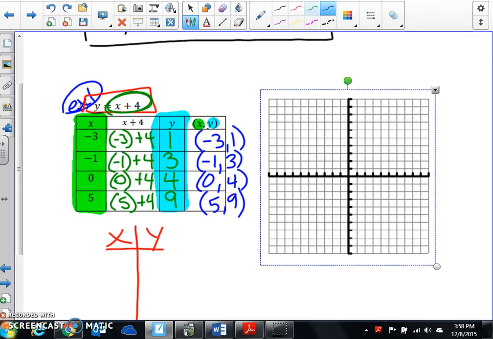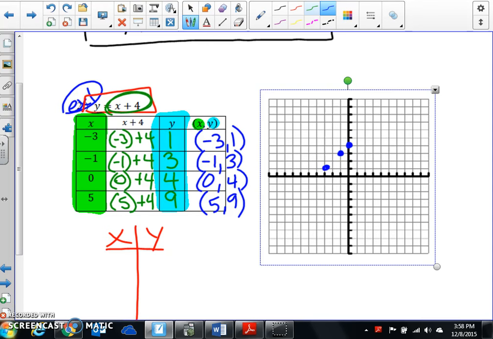So -3, 1, I walk to the left 3, 1, 2, 3, up 1. That's my first point. Next point, -1, go to the left 1, up 3, 1, 2, 3. Then I have 0, I don't get to walk at all, but I get to go up 4.